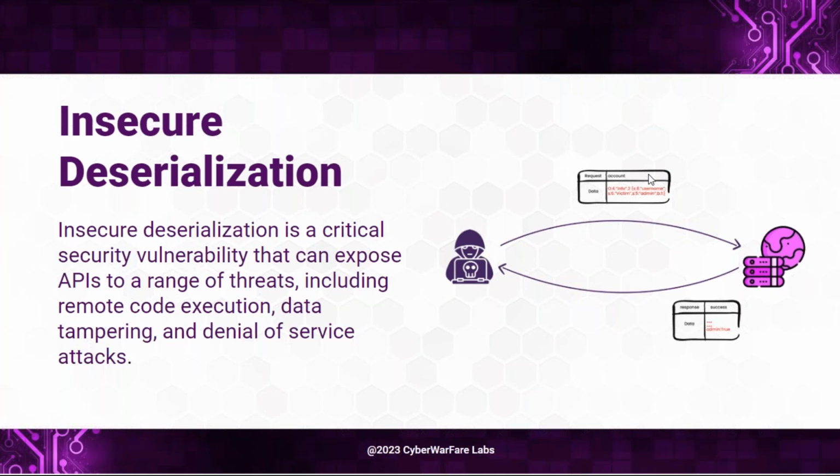For example, attackers can exploit insecure deserialization by tampering with serialized data. They alter it in a way that tricks the API into behaving unexpectedly or maliciously when it tries to convert and use the data. This can lead to a wide range of security risks and consequences.